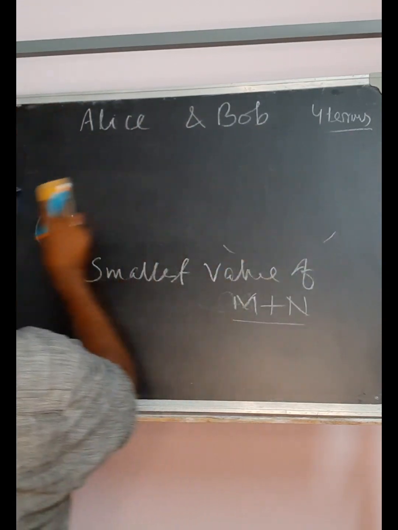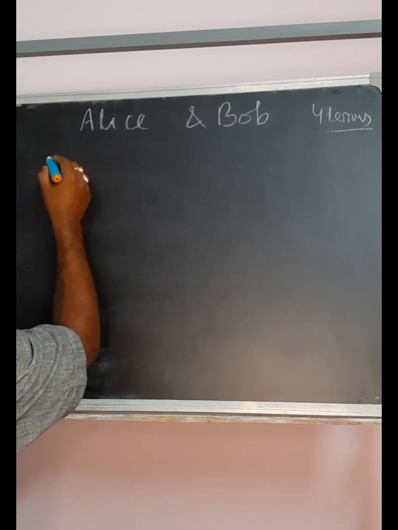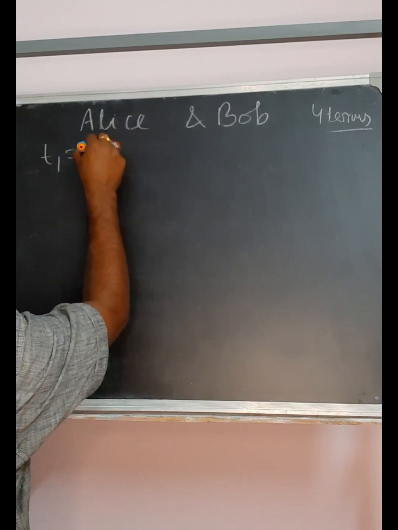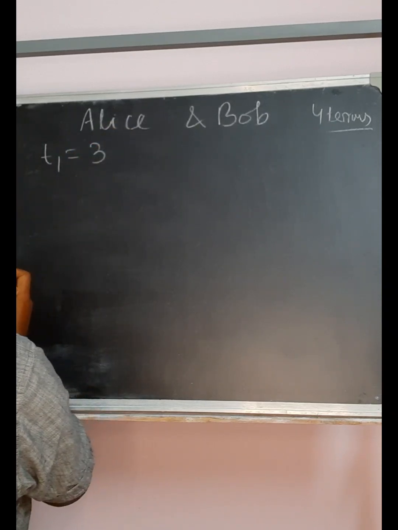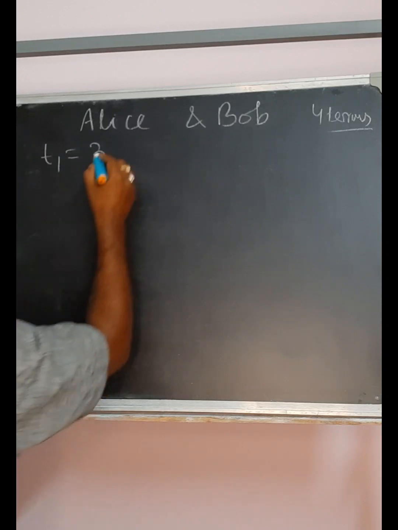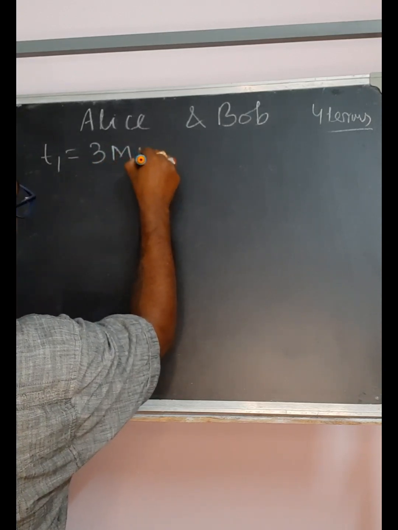So I will follow the rule of the game and let's see where we land. First we start with Alice. The first term for Alice would be 3m plus 2.